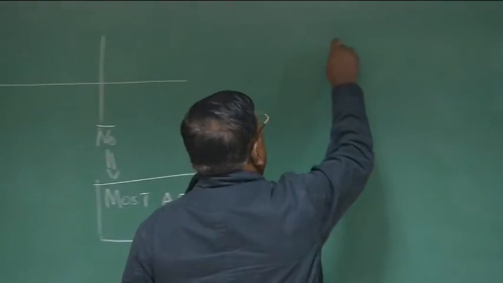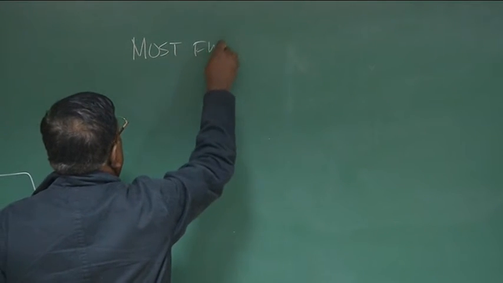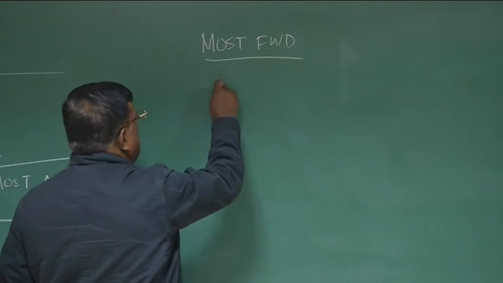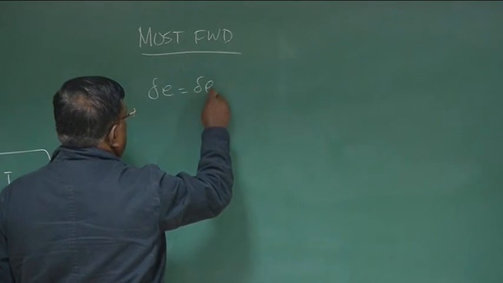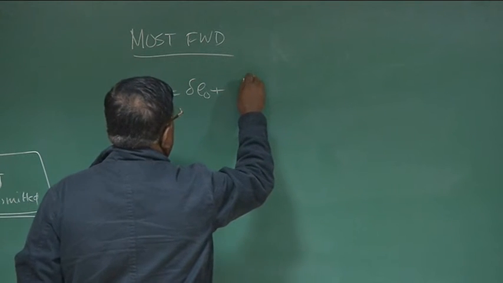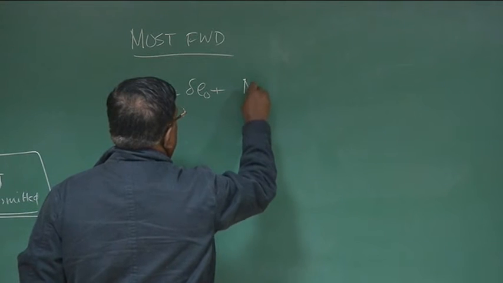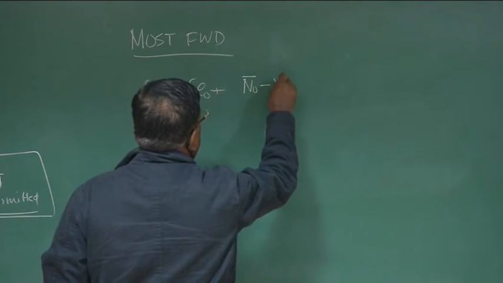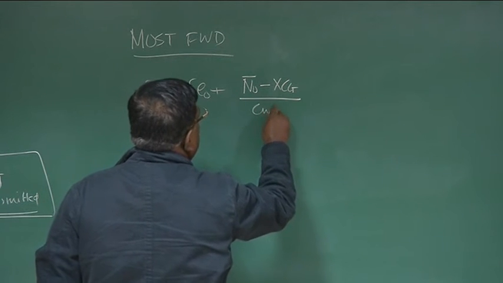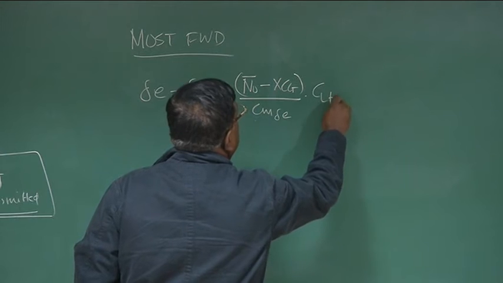Before discussing on most forward, let me take a simple example, right? Let's say delta E equal to delta E naught plus d delta E by dCL is nothing but minus, so it is n naught minus xCg by Cm delta E into CL trim.